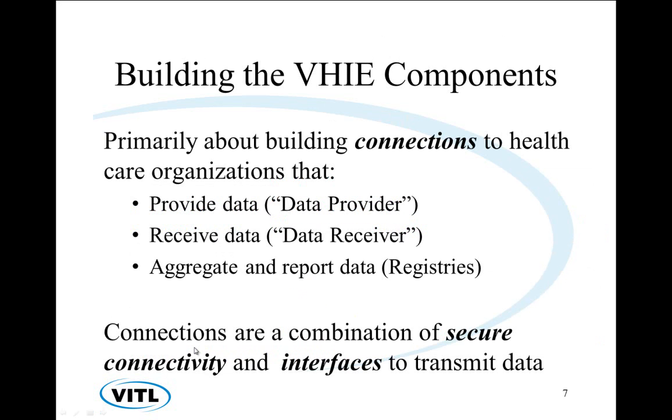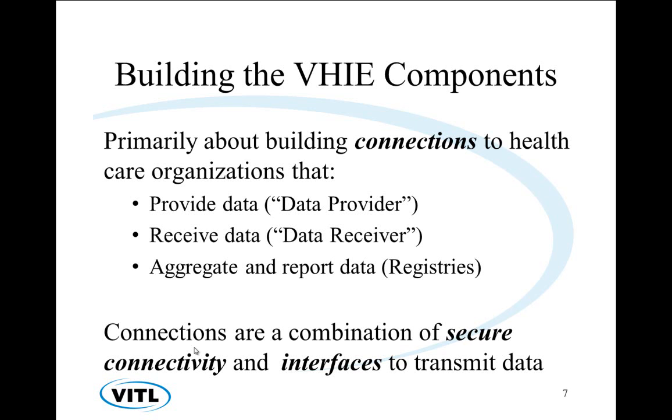So now if we actually get into the building of the components, when we, as an HIE team, are trying to build the VHIE or add more to the VHIE, we're primarily talking about building connections to healthcare organizations that do one or more of three things. One is we may make connections that provide data, and we call these the data providers.